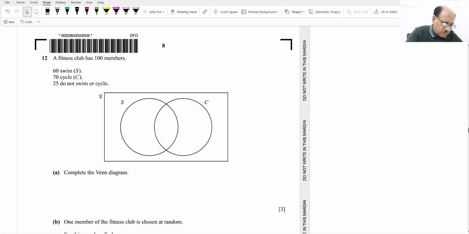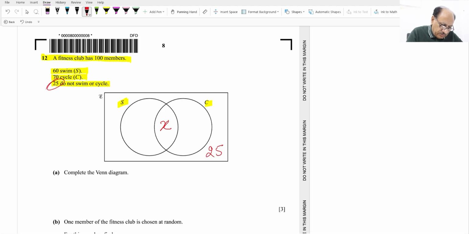Now here comes question number 12, and question number 12 says a fitness club has 100 members, 60 swim, 70 cycle, 25 do not swim or cycle. So this is swim, this one is cycle. So do not swim or cycle is 25, which we can write outside. Now we don't know this overlapping portion, the common intersection portion, so we can write this as x.